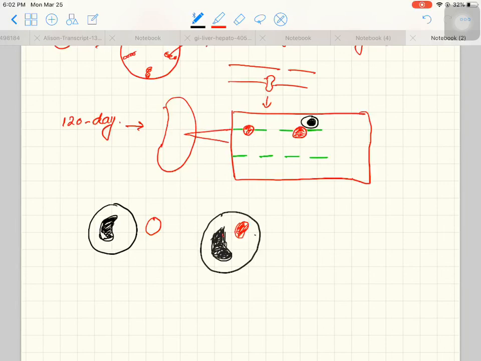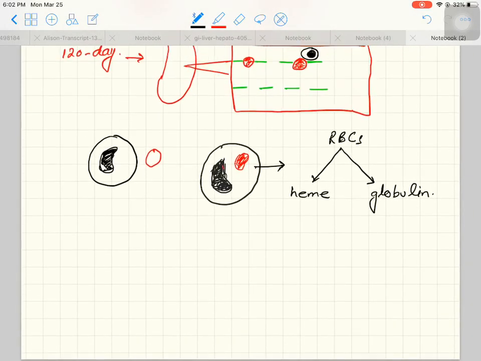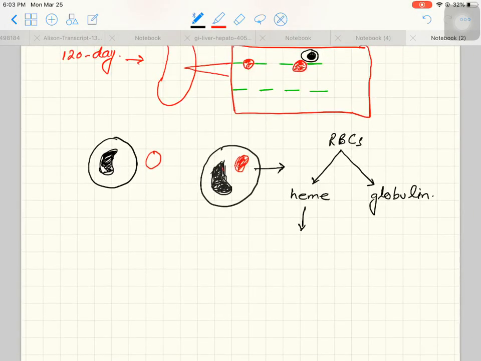So here, inside the macrophage, the RBCs are broken down into heme and globulin protein. We know that heme is made up of protoporphyrin ring: four pyrrole rings combine and form the protoporphyrin ring.